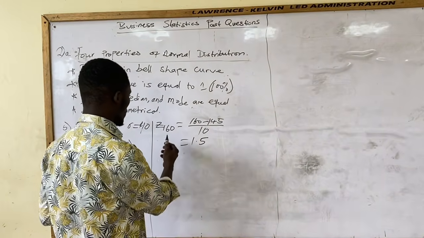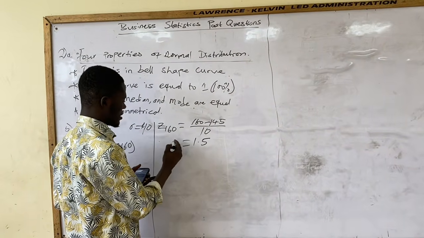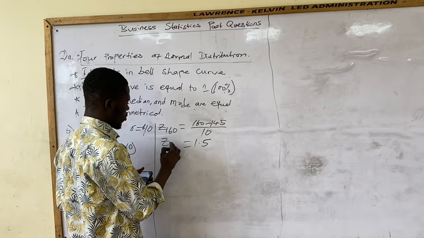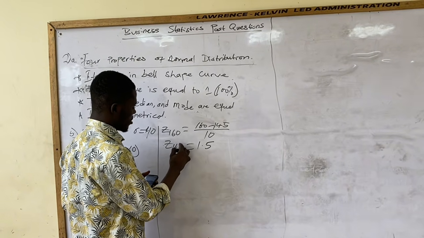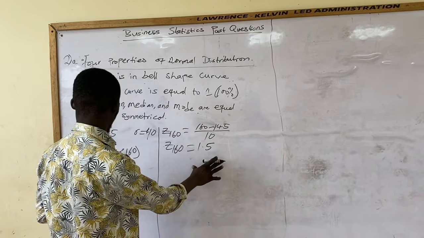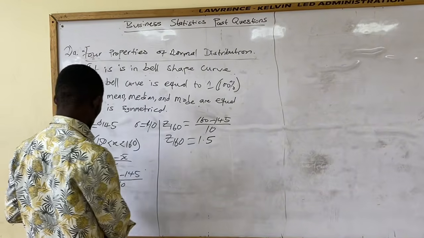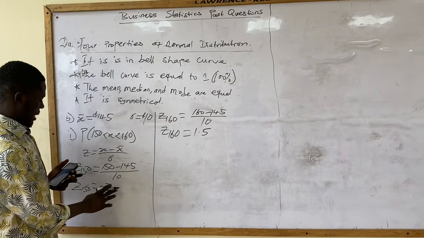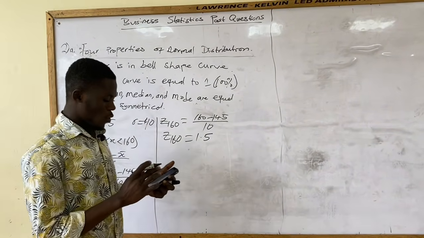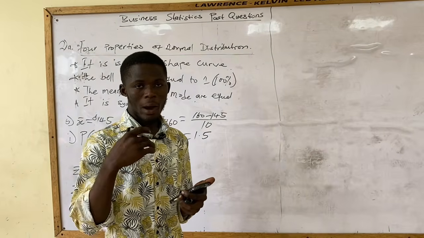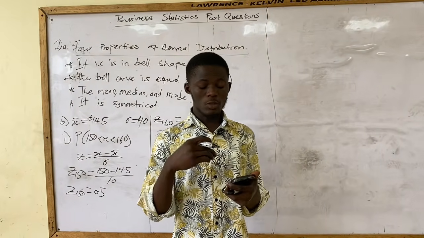So our Z of 160 will give us 1.5. So now we have the Z of 150 and the Z of 160, and we are going to refer to the Z score table.